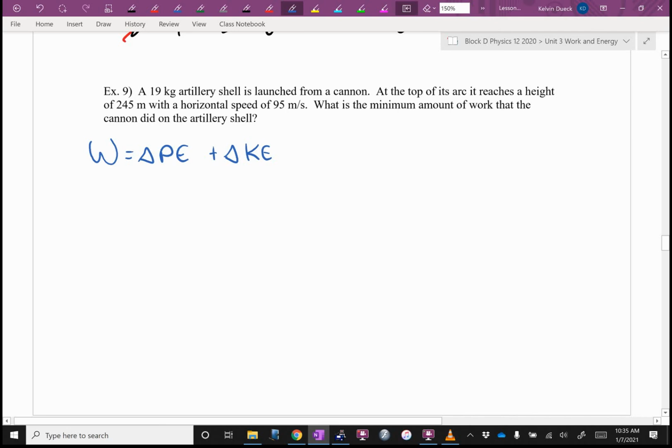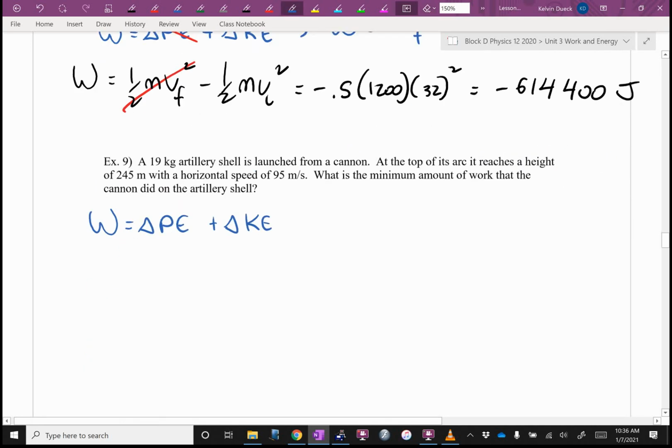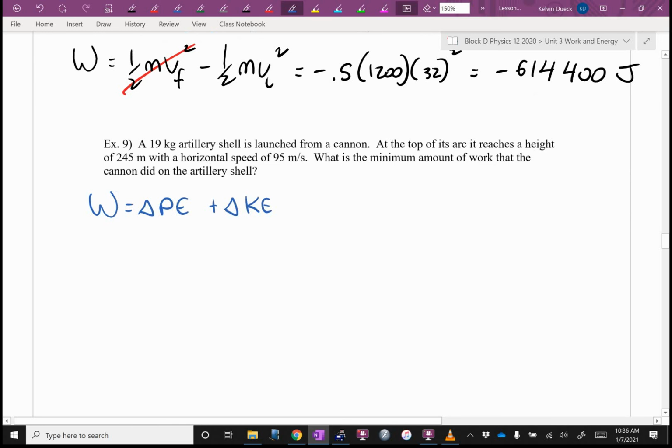Usually when I write this one down, I pause and I ask, are any of these 0? What I normally would have done, for example 8, is I would have said, is the change in potential energy 0? Is there a change in height? No, 0. In this question, is there a change in height? Yes. So not 0. Is there a change in speed? Yes.